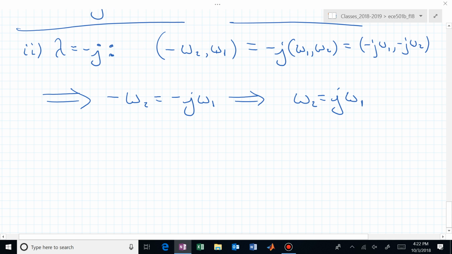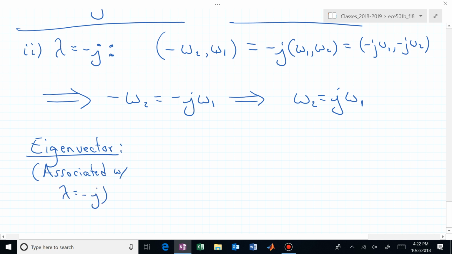But not knowing that, we can derive those, and the eigenvector now associated with lambda equal to minus j is w minus, and that's equal to w1, and w2 is jw1, which is the conjugate of the previous w plus, and this is now with w1 in the reals.